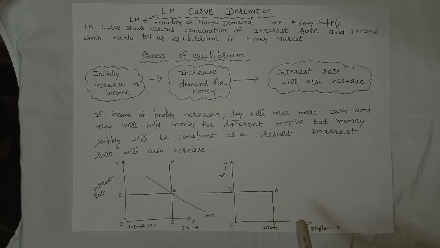We have two diagrams, diagram A and diagram B. In diagram A, on the x-axis we have MD and MS, that is money demand and money supply, and on the y-axis the interest rate.